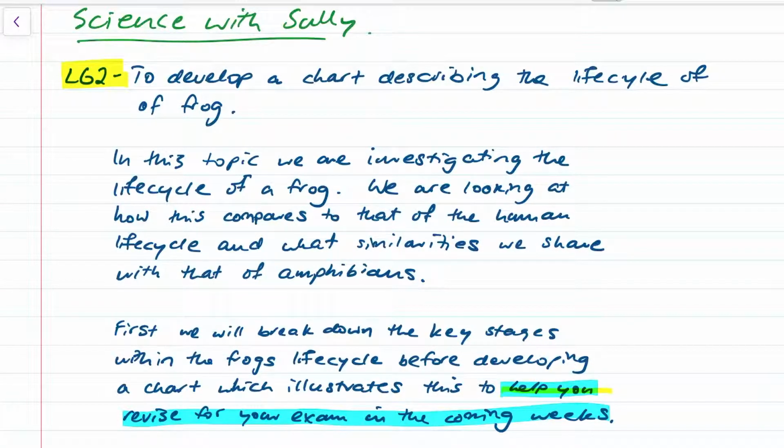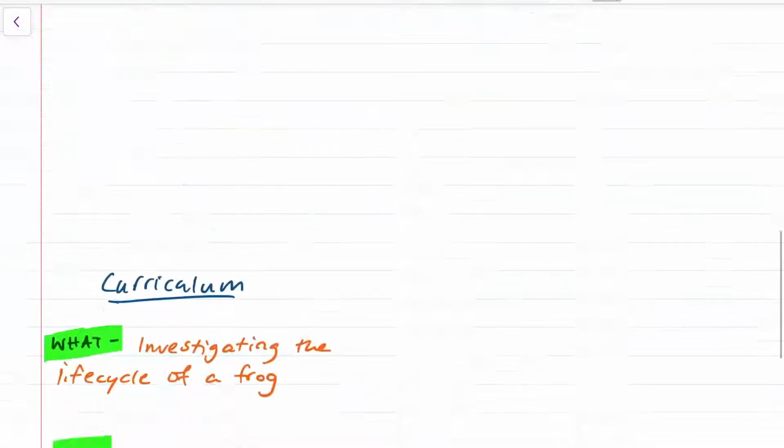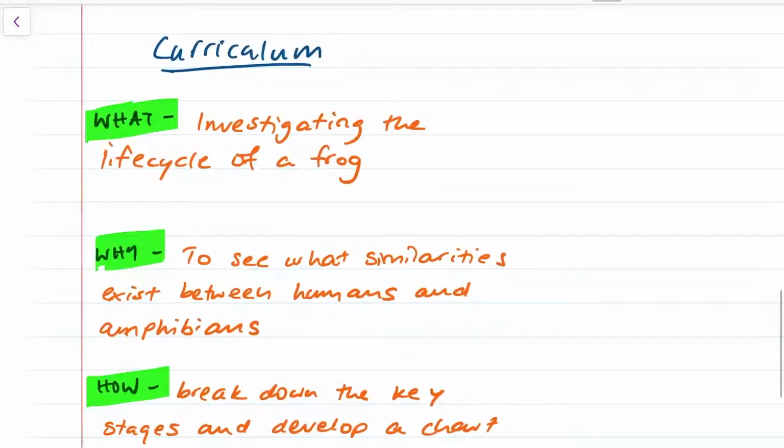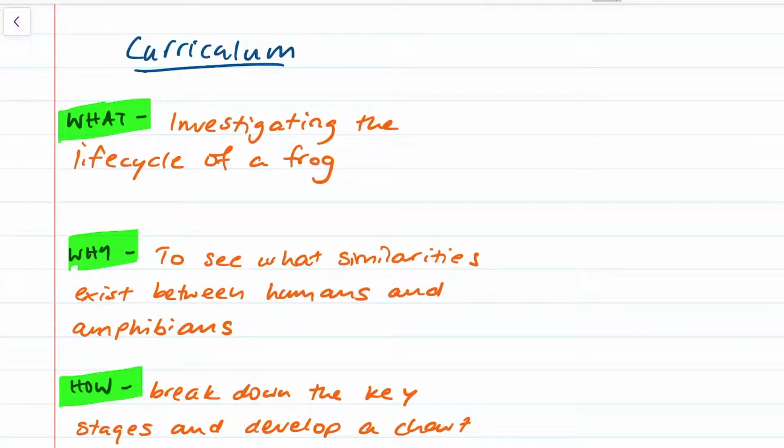The why is more to do with developing a bit of context within the task. So why we are doing this particular one is to see what similarities exist between humans and amphibians. So we're looking at comparing us to amphibians and what similarities exist in that life cycle.